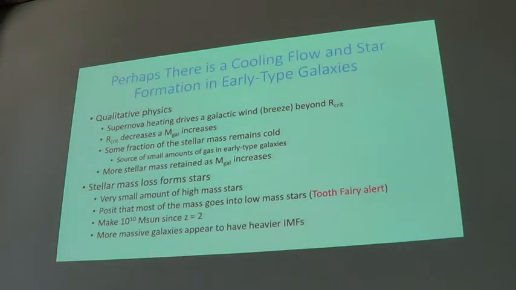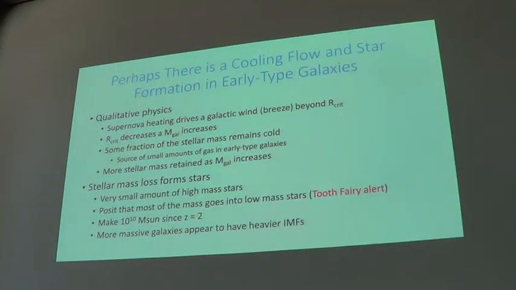And the mass of low mass stars you make depends on how large the wind radius is, right? If you have a massive galaxy where there's very little wind, then you're going to make a heavier IMF than if you have a less massive galaxy where you can just drive the gas out as a supernova wind or galactic wind.